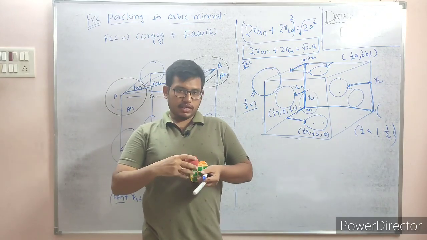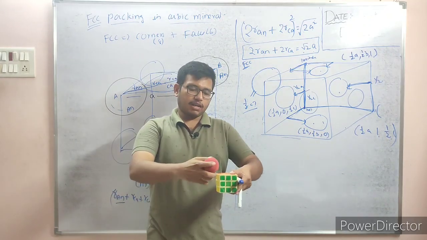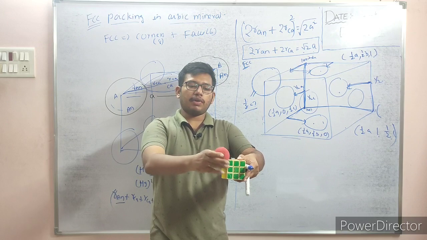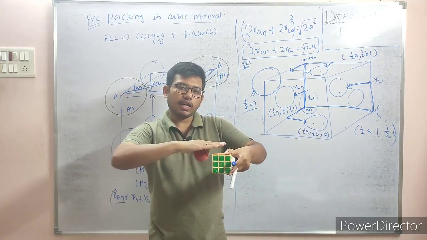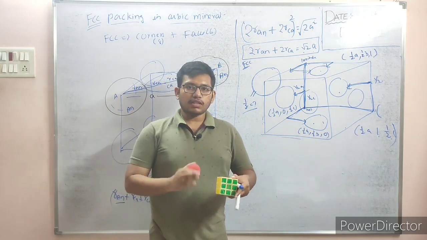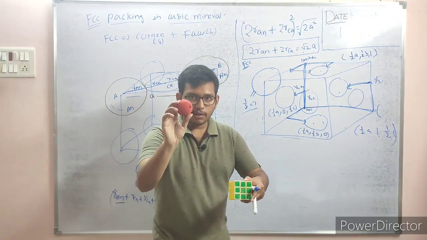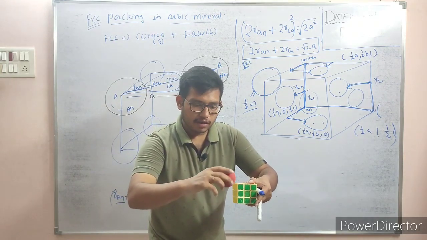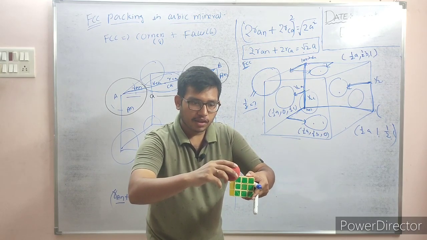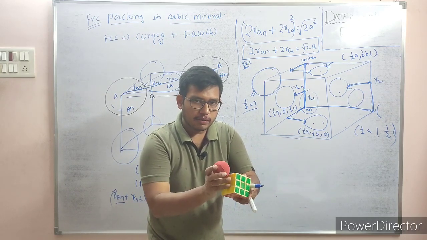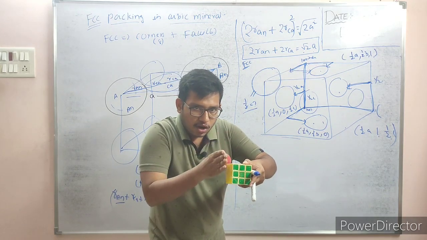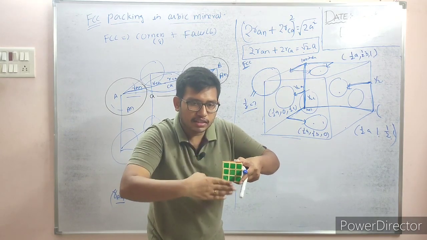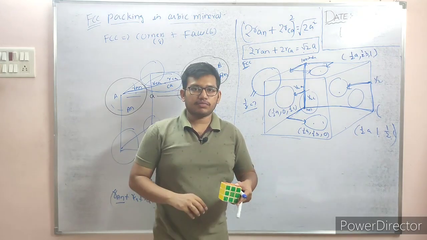If the atom is present at the corner of the cubic mineral, if it is sharing, it should be cut by 3 axes, one along this direction, one along this direction, one along this direction.